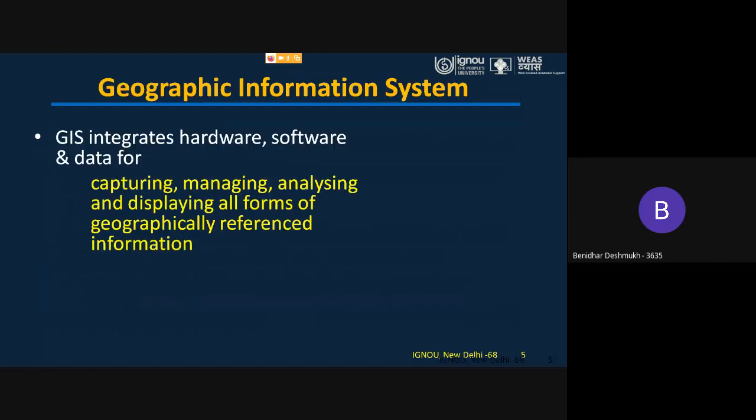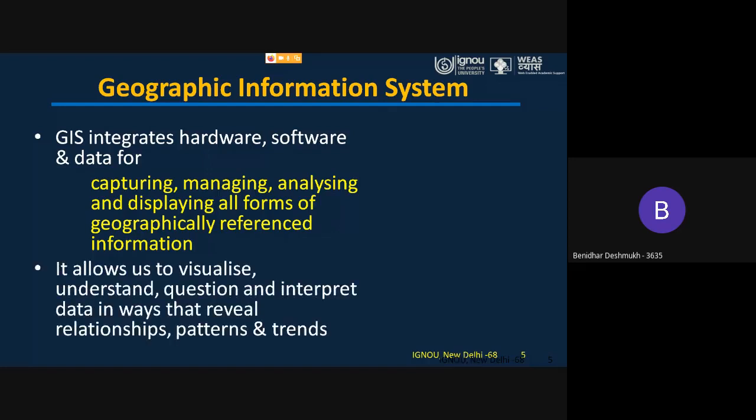Now coming to the second component, the geographic information system. We know that it integrates hardware, software, and data, and is useful for capturing, managing, analyzing, and displaying all forms of geographically referenced information, or geoinformation.